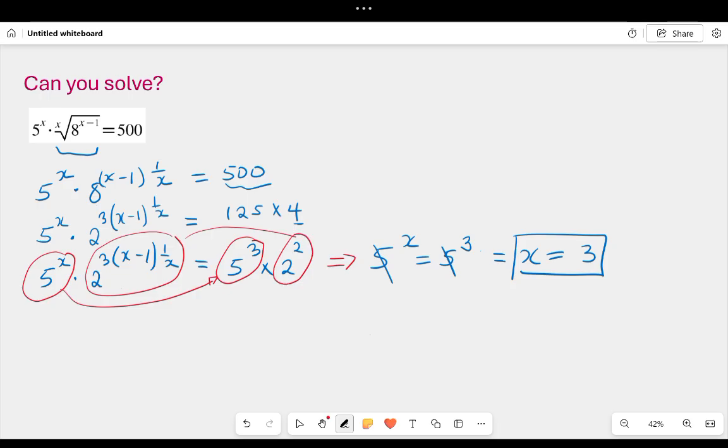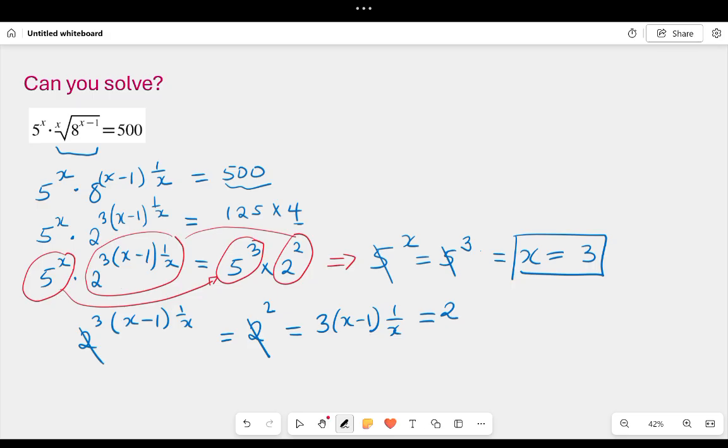Now, this means we are going to have 2 to power 3 into brackets x minus 1, 1 over x is simply equal to 2 squared. We cancel out the bases, which is going to be now 3 into brackets x minus 1, 1 over x, it's equals to 2.